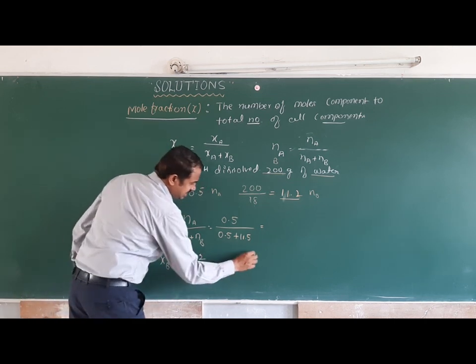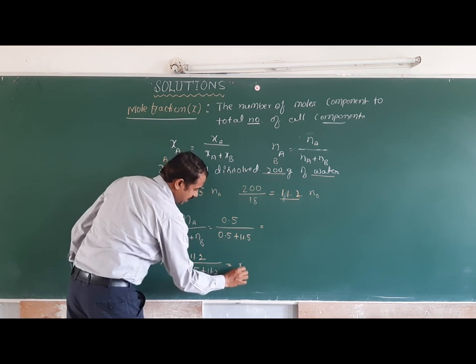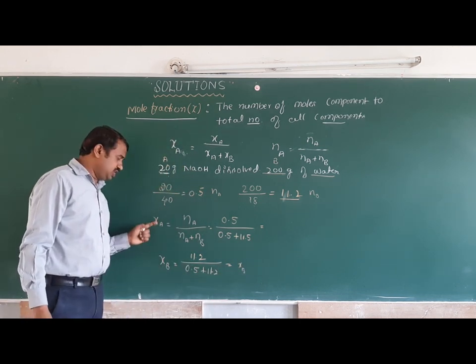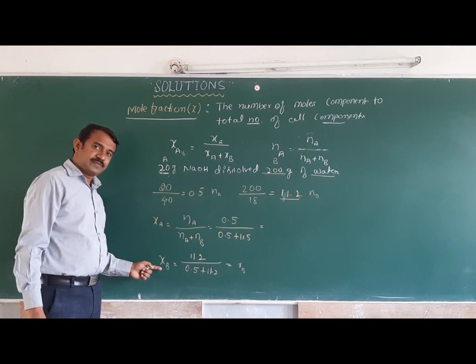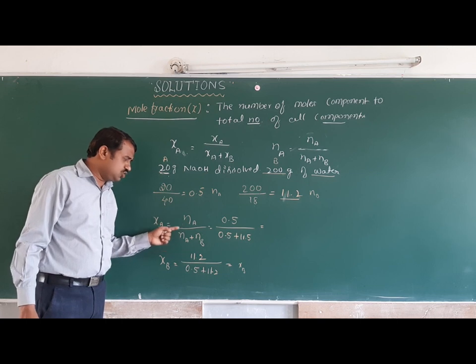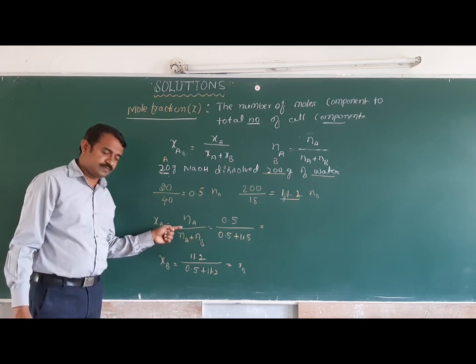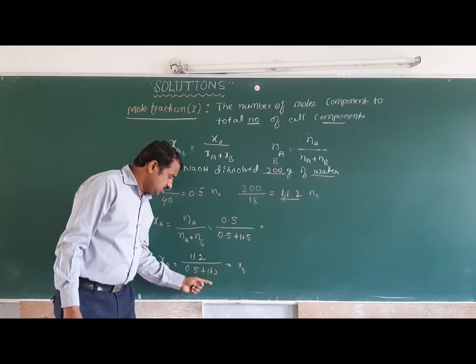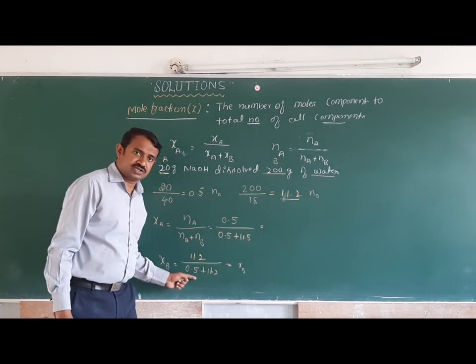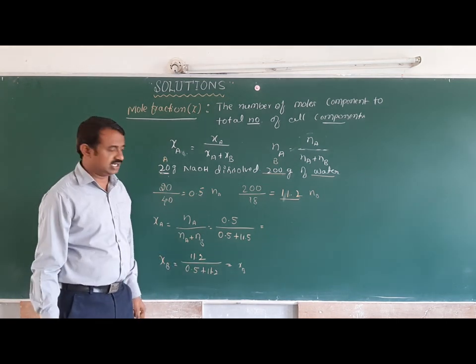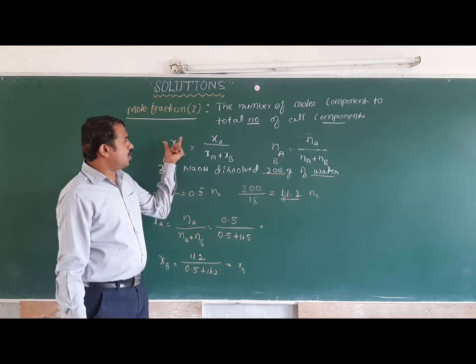You get the XB value. XA and XB are the mole fraction of A and the mole fraction of B, the number of moles of a component present in the total number of moles of all components. You have to calculate the value. This is easy, you can calculate. This is the mole fraction.